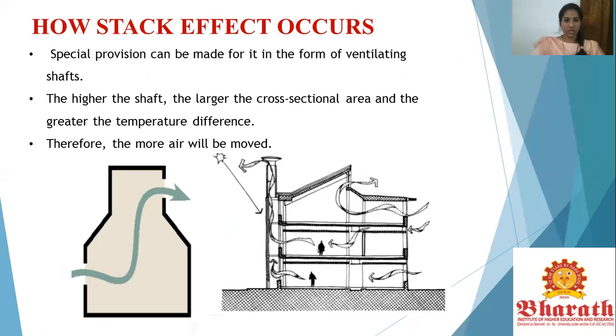A special provision can be made for it in the form of ventilating shafts. The higher the shaft, the larger the cross-sectional area, and the greater the temperature difference, the more air would be moved. You could create large shafts, and instead of having individual zones, overall they could suit the purpose.